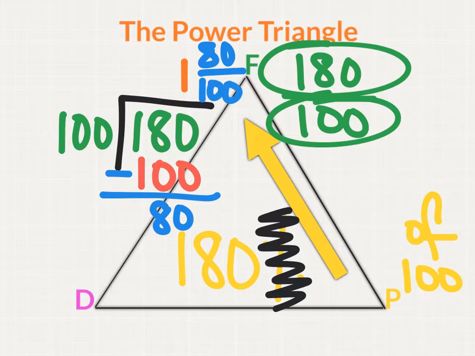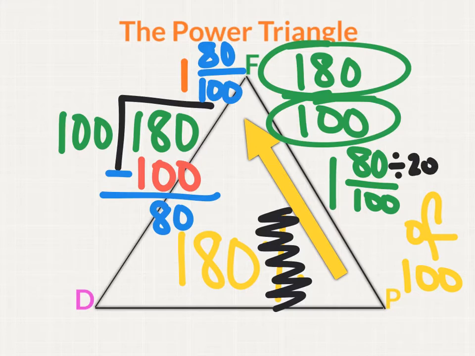I have 1 and 80 over 100. Now I should recognize that 80 over 100 can be simplified. 80 and 100 share a greatest common factor of 20.